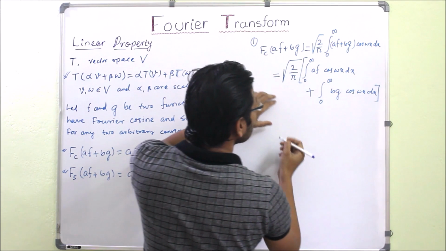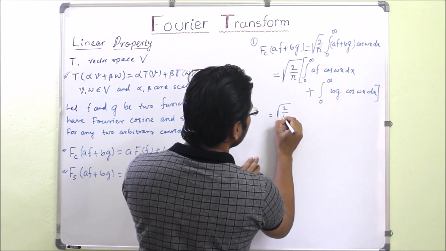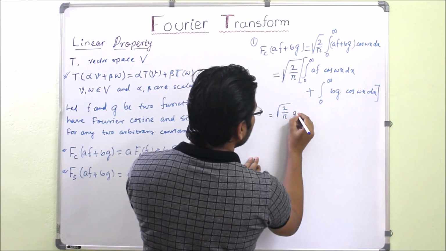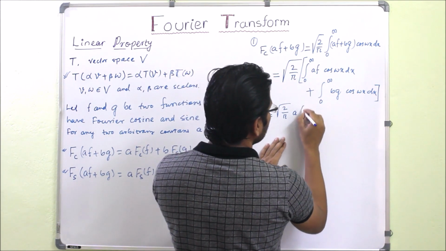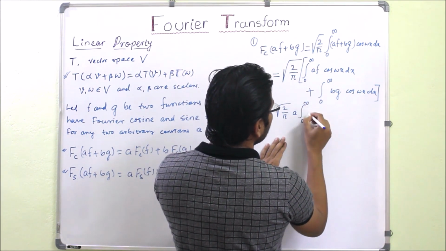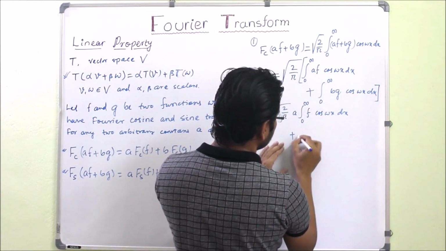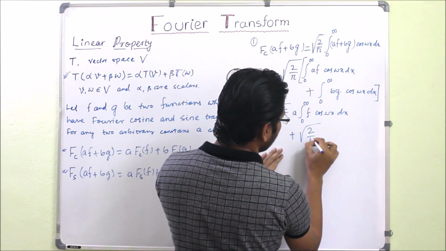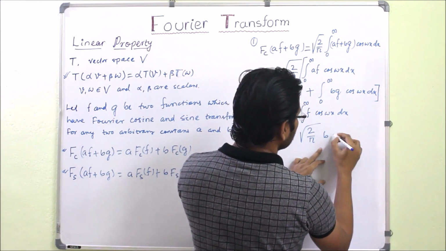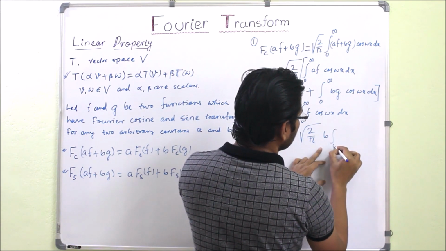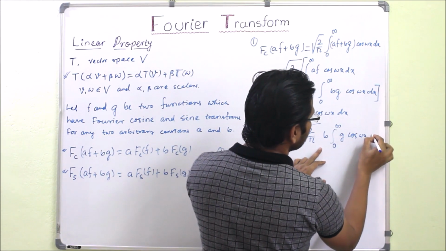Now if we split it, square root of 2 by pi, A will be taken outside for the first integral, 0 to infinity f cos WX dx, plus square root of 2 by pi, B will be taken common from the second integral, integration from 0 to infinity g cos WX dx.